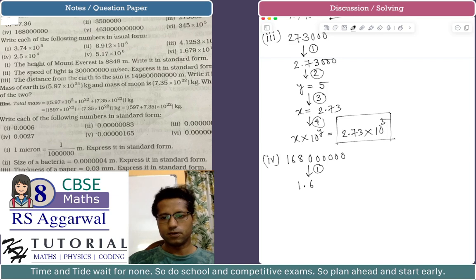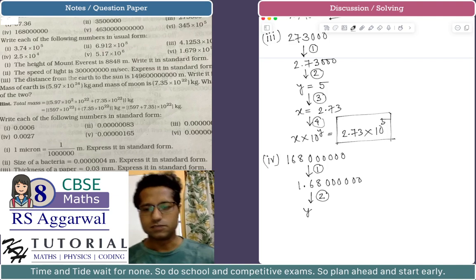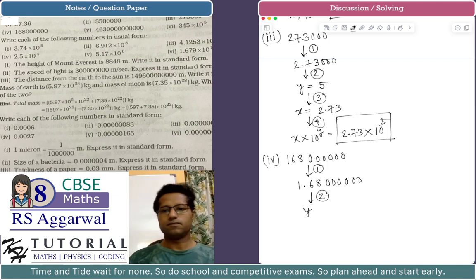So it becomes 1.68 and 6 zeros. Then after step 2, I find y, the number of digits to the right of the decimal point in the number after step 1. The digits are 6 and 8, and then 6 zeros. So y is 8.